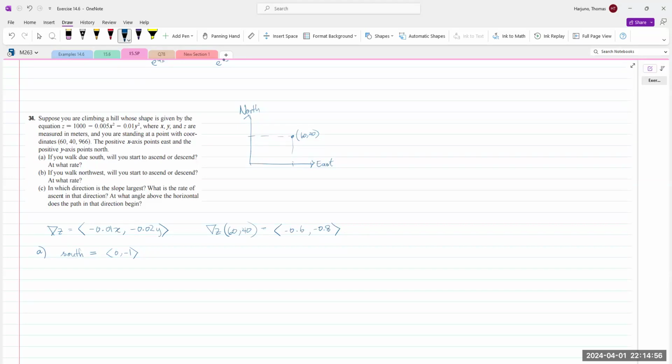So should you start to ascend or descend, and at what rate? Well, we will see if it is positive or negative. The directional derivative of z at 60, 40 in the direction of 0, negative 1 is the gradient, negative 0.6 comma negative 0.8, dot 0, negative 1. That will give us 0.8. That is positive, so it implies ascending, an increase.